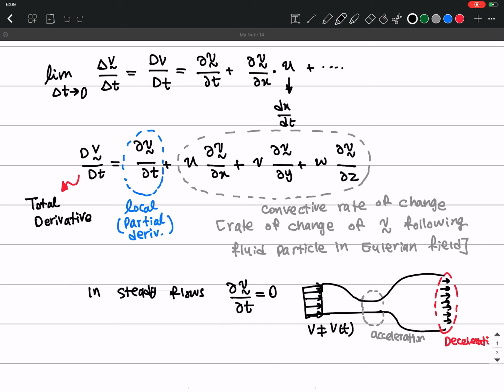When we say a steady flow, it means partial V over partial t is 0, and this doesn't mean that dV over dt is necessarily 0.